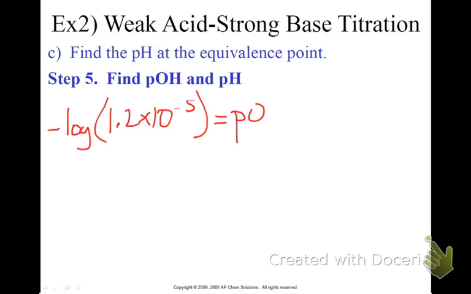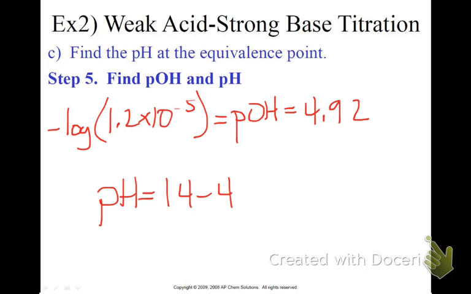That's going to give us the pOH, which will be 4.92. Then, of course, to get the pH, it would be 14 minus 4.92. And so the pH of the solution at the equivalence point is going to be 9.08.